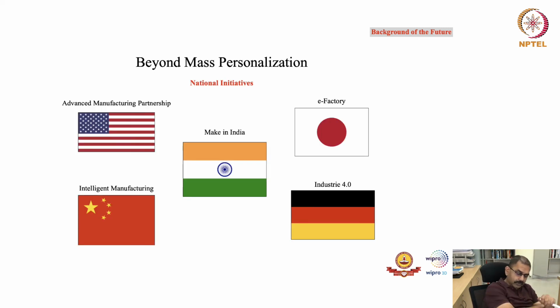So I think this gives you some idea. In fact, this may not be the complete list. Some of the countries have come up with their own national initiatives, right? You can see examples: the US has AMP 1 and 2, Make in India, intelligent manufacturing in China, e-factory in Japan, and in fact, the word industry 4.0 came from Germany, right?